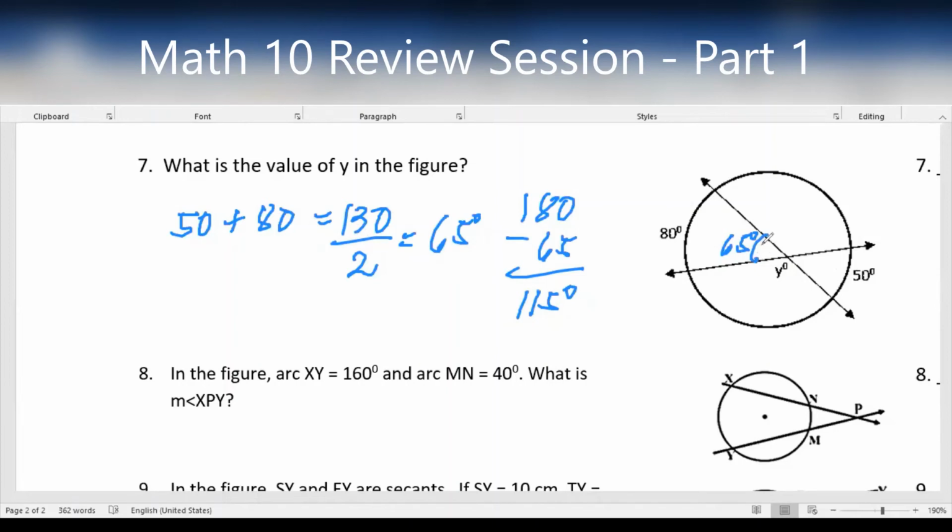Now, take note that 65 degrees is for the angle that intercepted the arc. Now, we are looking for y. So, always remember that they share the same line, which is 180 degrees because it's a straight line. Kaya 180 minus 65 because our target is to get yung y lang. Kaya 180 minus 65 is 115 degrees. So, I hope this is clear.